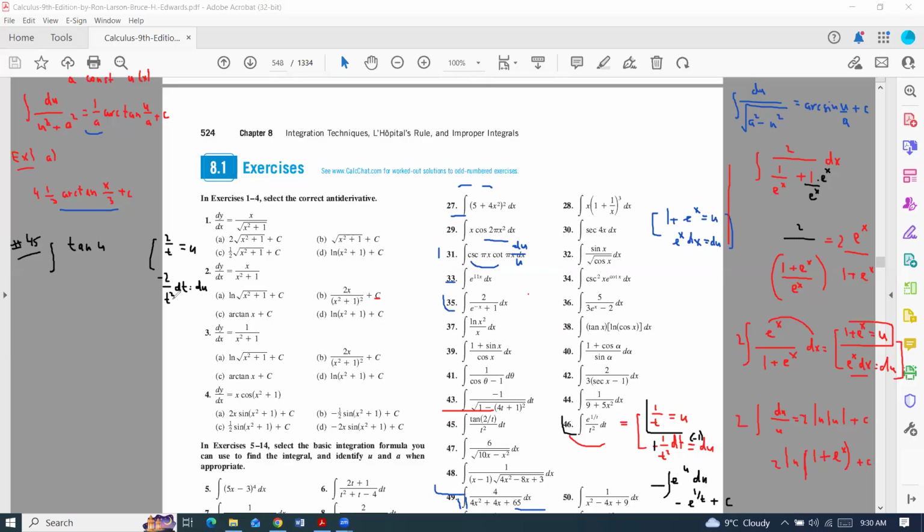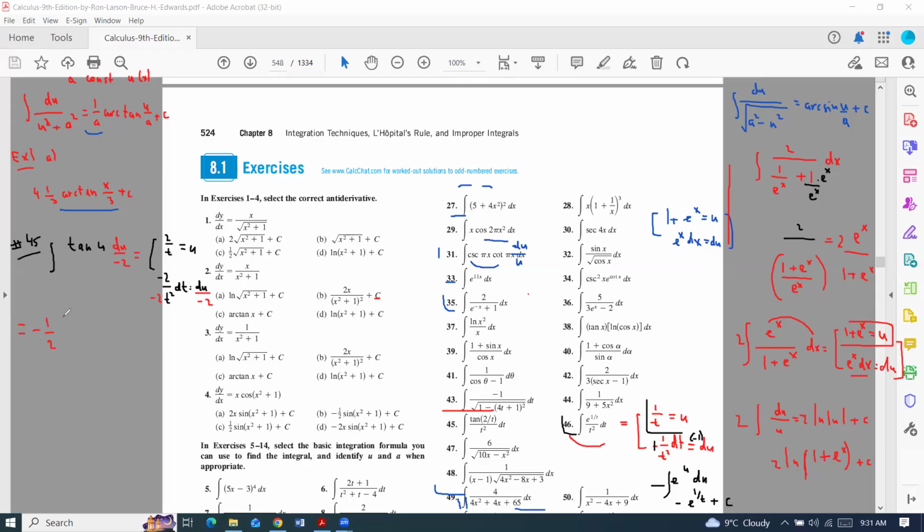And this is again standard. If you don't have negative 2, well, then just put it in the denominator so it cancels, right? So you're going to end up with du over negative 2, or minus 1/2 in front of your result. So we don't really care what the constants are, we just take them off.